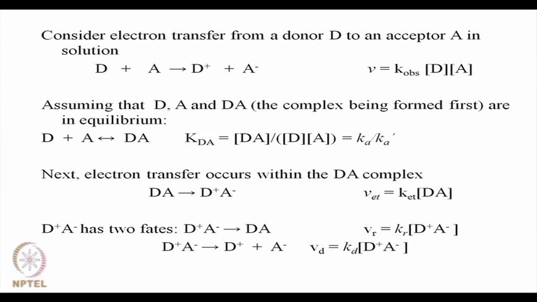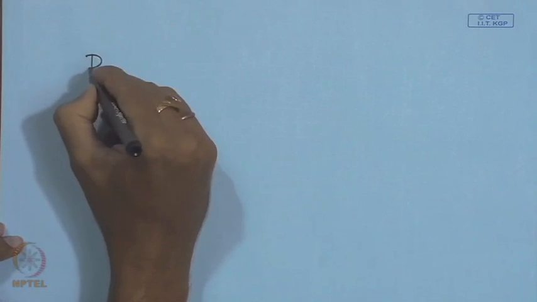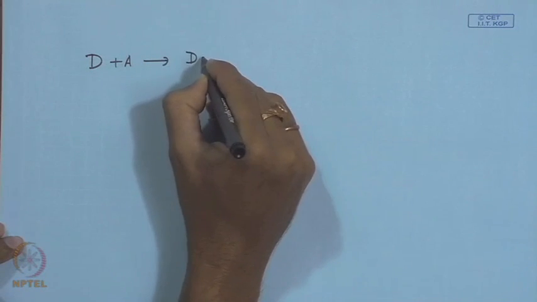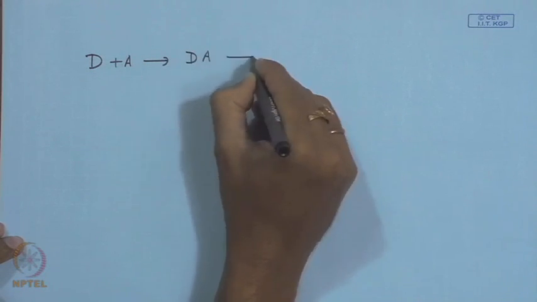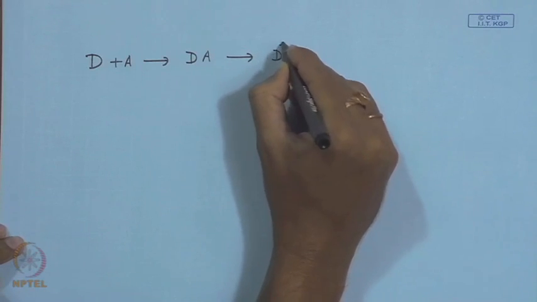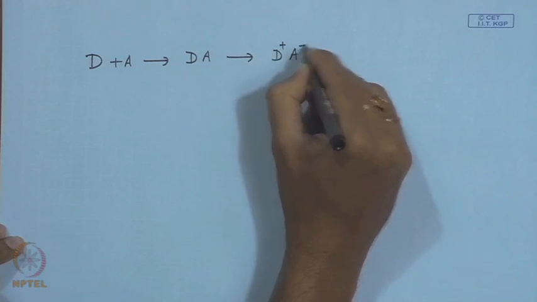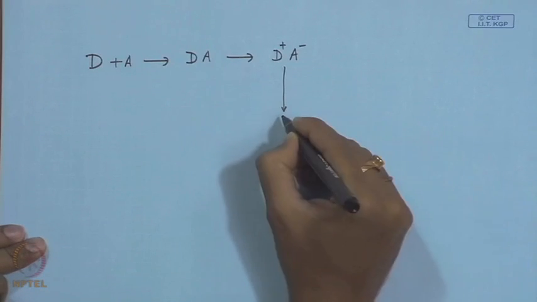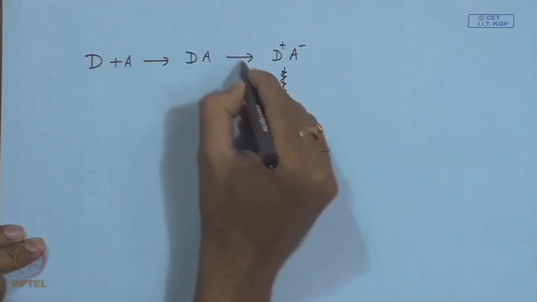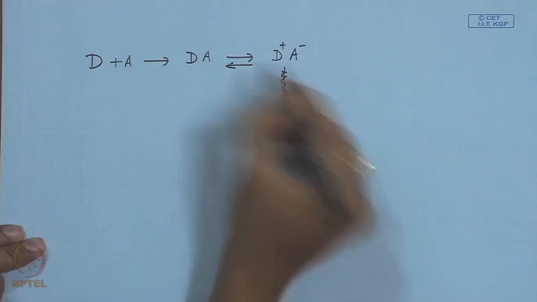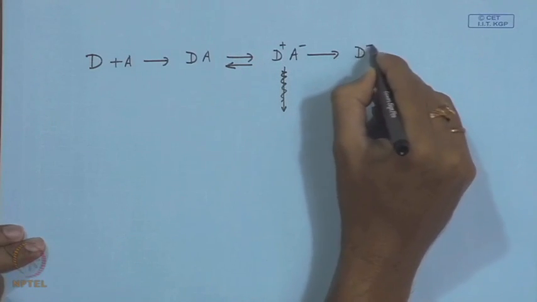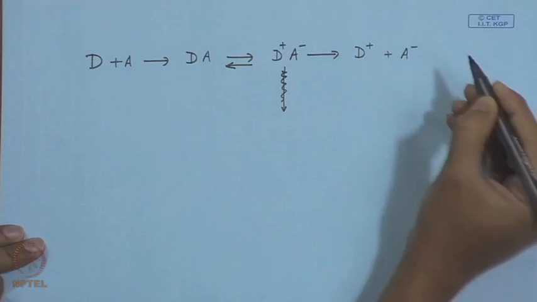So, like this: D plus A, dA, then D plus A minus, then it has two options, or maybe I can write it like this: reverse electron transfer, or D plus and A minus.